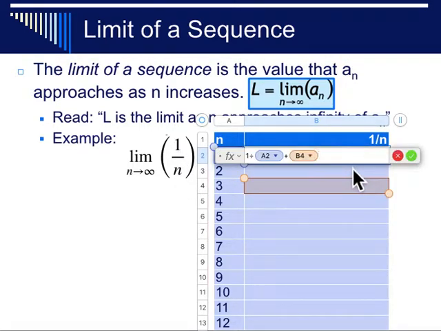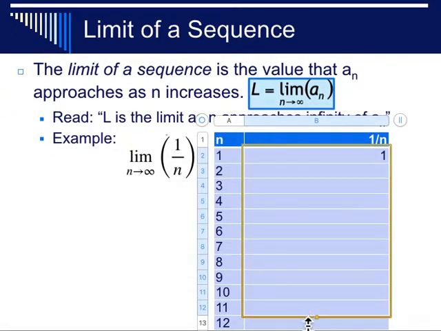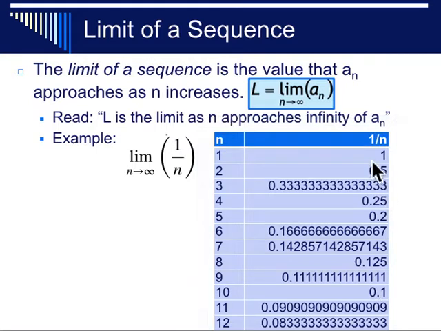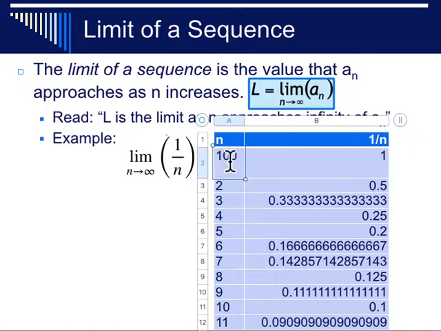And so if we divide 1 by n and drag this down, you can see that these numbers are all decimals, and they seem to be getting smaller. Why don't we jump ahead a bit and plug in something like 100 and see what values we get.